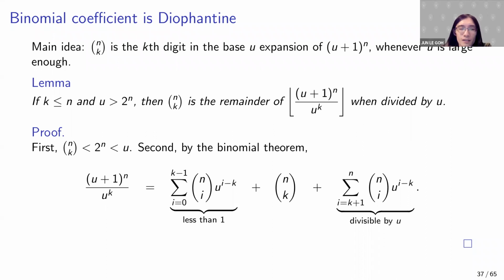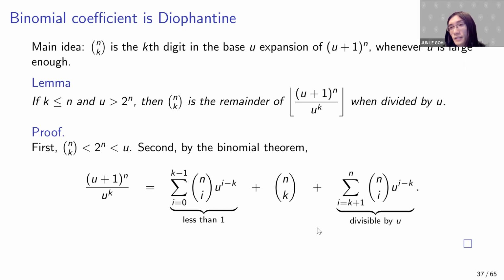Take u plus 1 to the n, expand it, and then divide every term by u to the k, and we can break up the sum into 3 pieces. The first sum is the terms where you have negative powers of u, because of the division by u to the k. This first sum, you can show with some inequalities, is going to be less than 1, so it's going to be erased when we do the floor function.